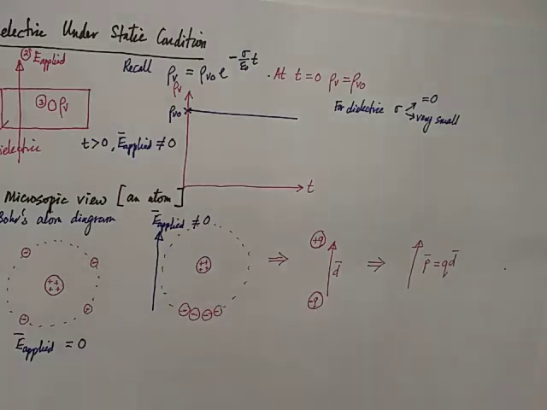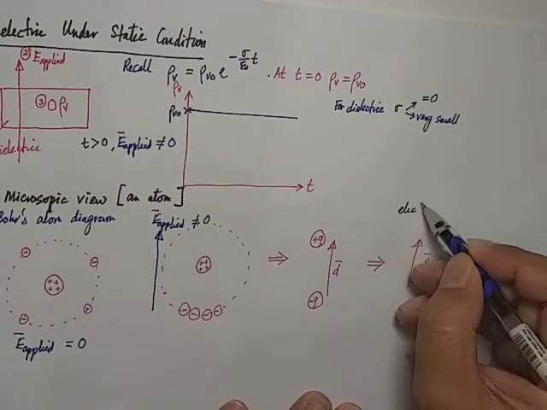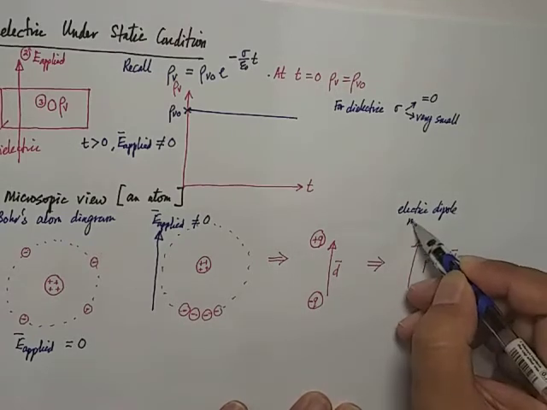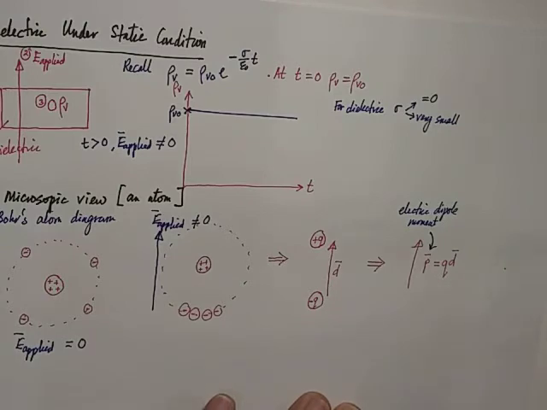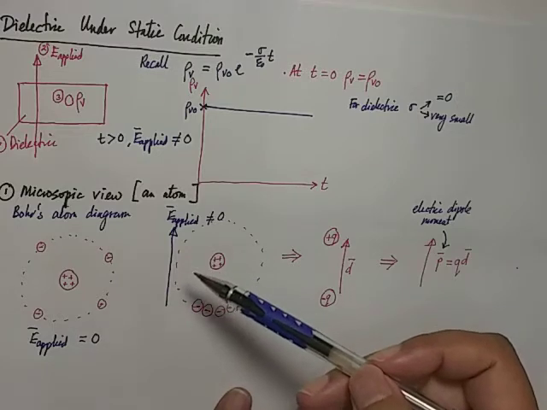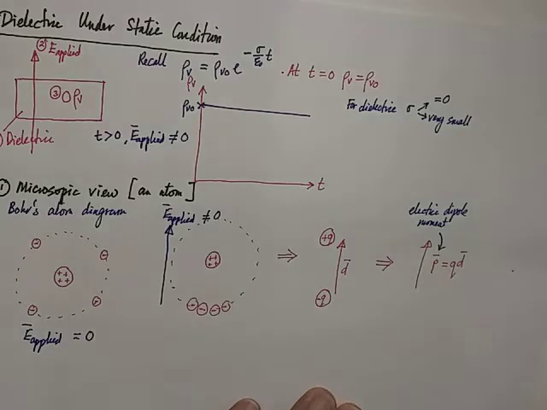And this small p we're going to call the electric dipole moment. Okay, there's a name for p, so we call it electric dipole moment. In other words, when an atom is introduced to an electric field, we're going to have a vector component known as small p, and that small p we call the electric dipole moment.